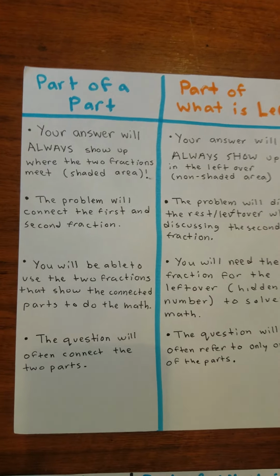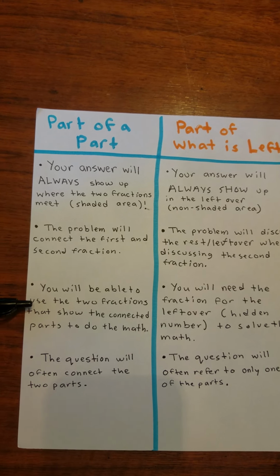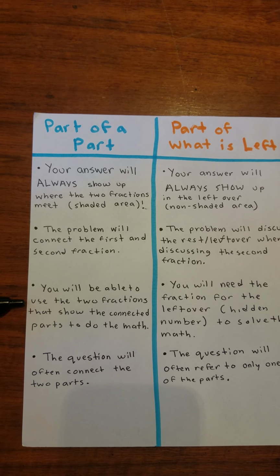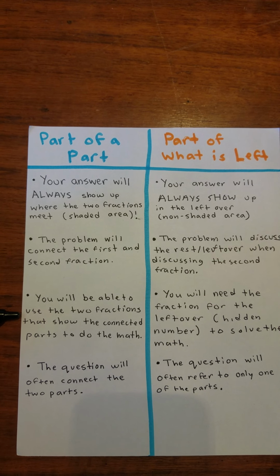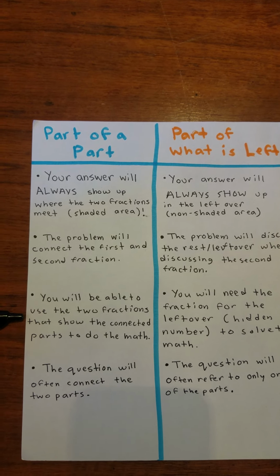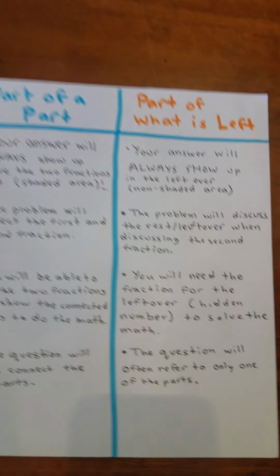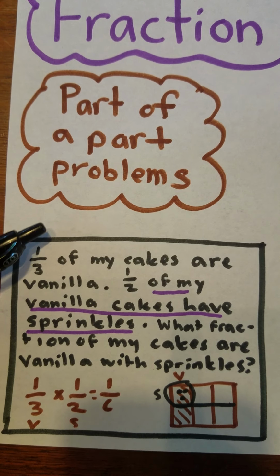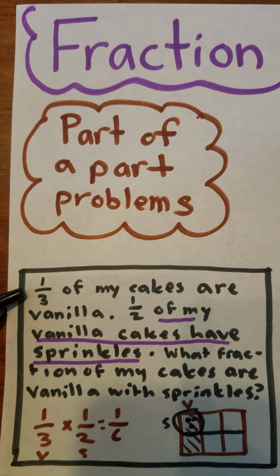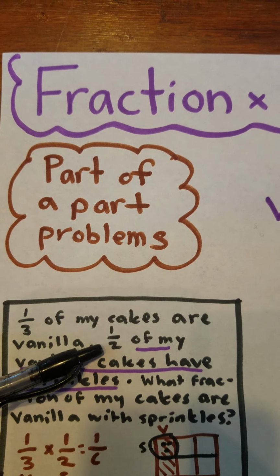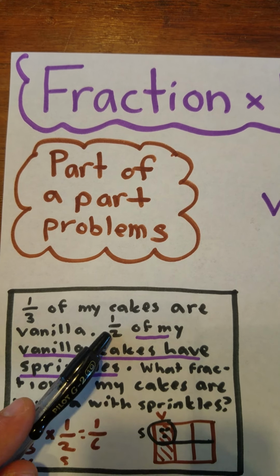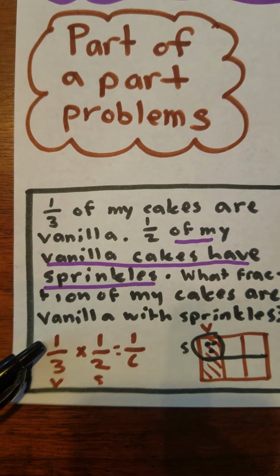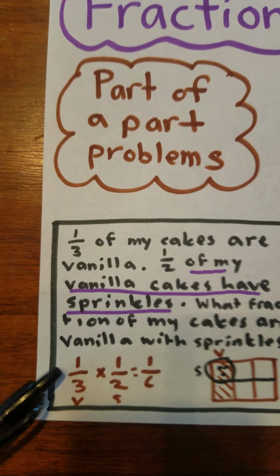The third pattern that often shows up is here, and this is about how you do the math. You will be able to use the two fractions that show the connected parts to do the math in part of a part problems. And what that means is this. If I know that 1/3 of my cakes are vanilla and 1/2 of those have sprinkles, I know that these two numbers are connected in the problem, which is how I know to use them in the math.